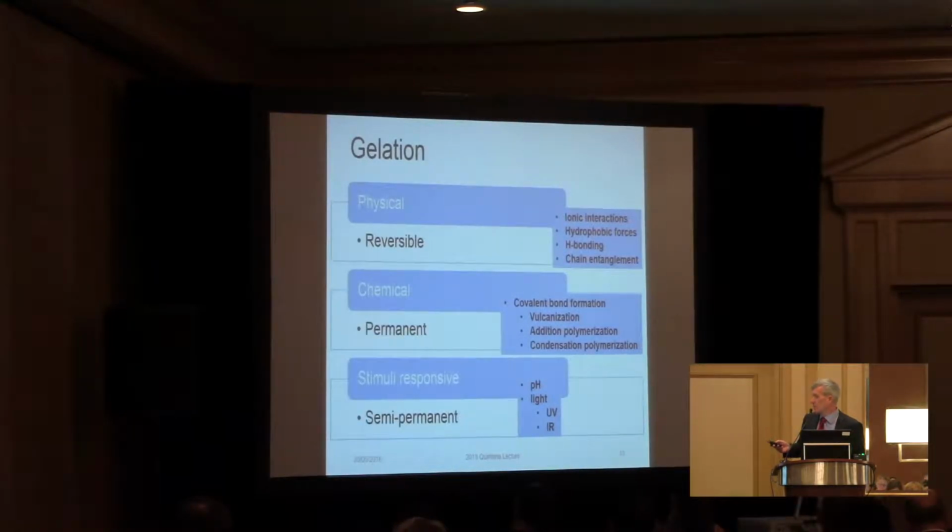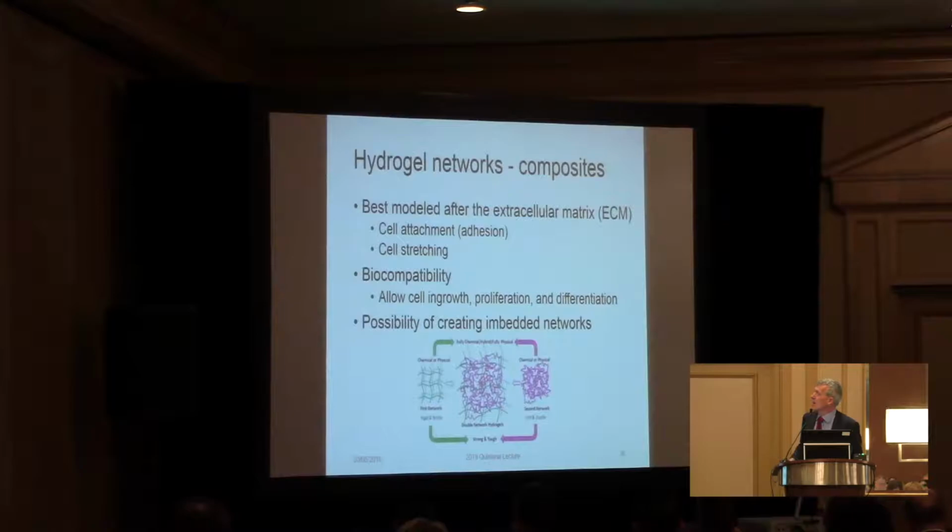You can also achieve gelation, or the transition between liquid and solid phase, using a stimuli response, for example, a change in pH, or different types of light excitations, ultraviolet or infrared light.